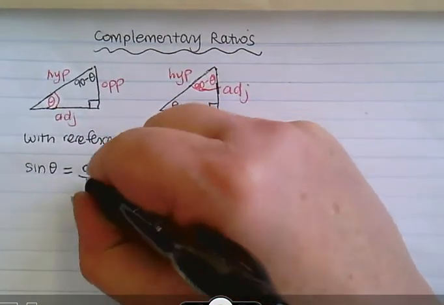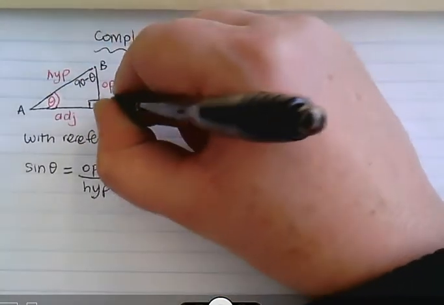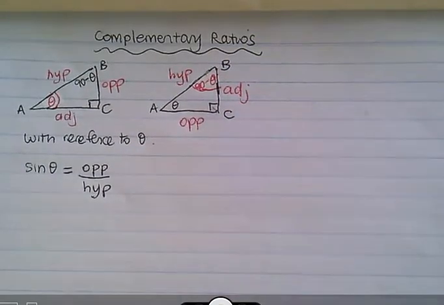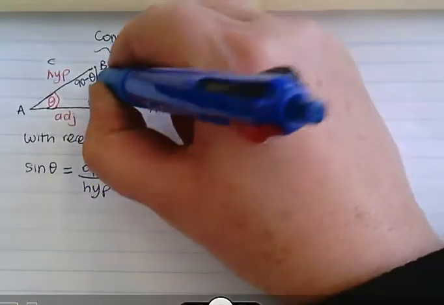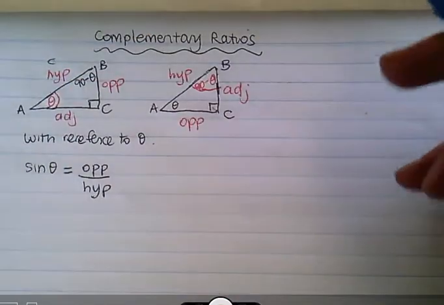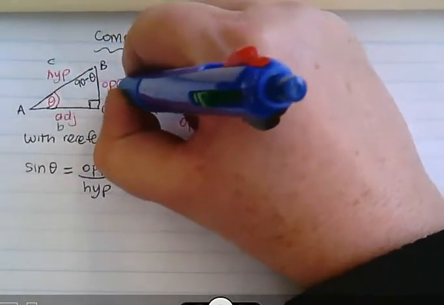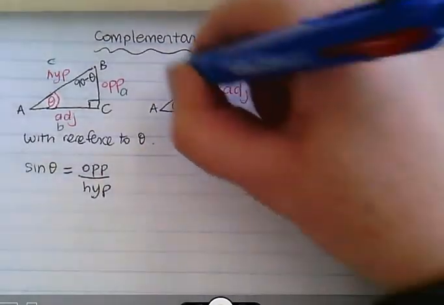Opposite over hypotenuse. Okay. How about I go angle A, angle B, angle C, again angle A, angle B, angle C. The triangles are identical, right? So I'm going to call my hypotenuse small c. What should I call my adjacent, little a or little b? Little b, because it's opposite angle B. I'm going to call my opposite side little a, but I've got the same triangle here exactly the same way.